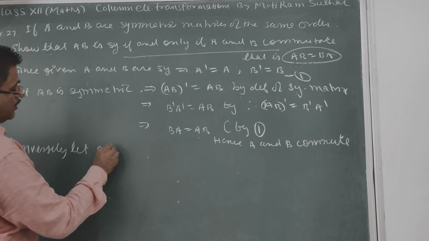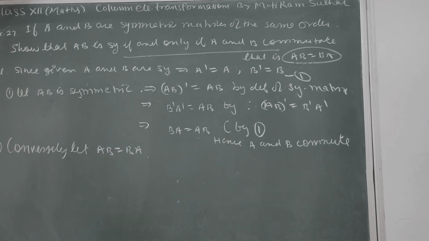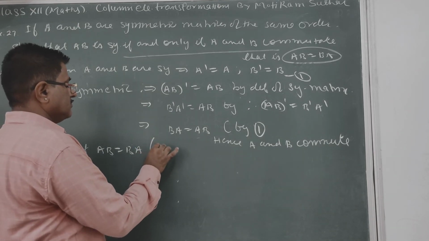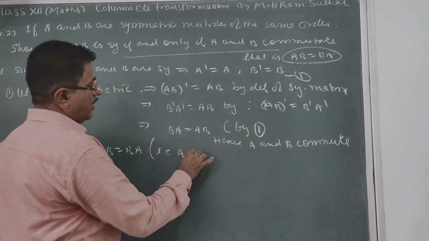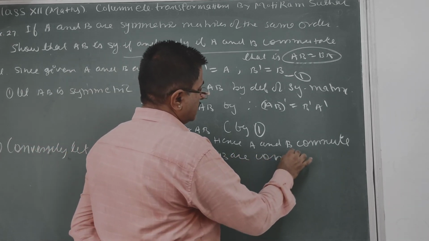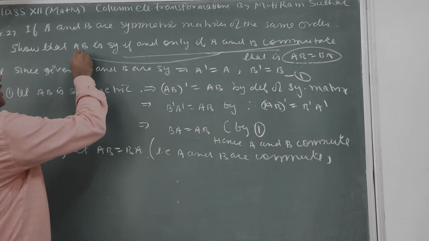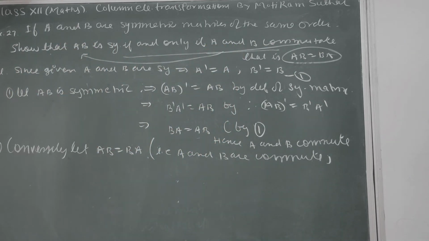that AB equal to BA, means they commute. आप देख सकते हो that is A and B are symmetric, ये हमने लिख दिया. तो अब प्रूव क्या करना है, AB is symmetric, right? So we want to prove that AB is symmetric.